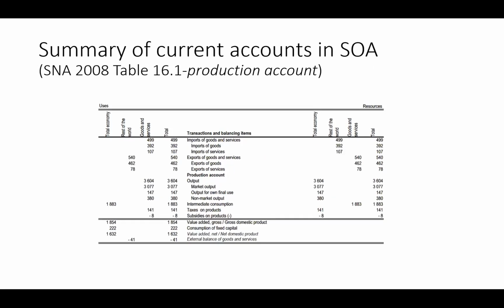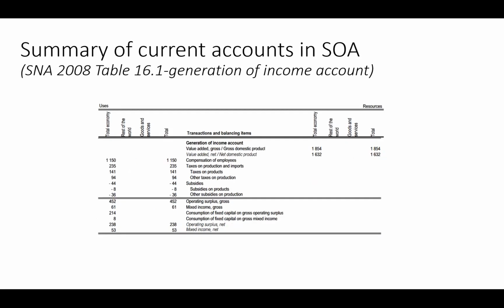The production account has a balancing item. We get here the external balance of goods or services, value added, consumption of fixed capital, value added gross. And then next slide, please. So the generation of income account starts with the value added gross and value added net.